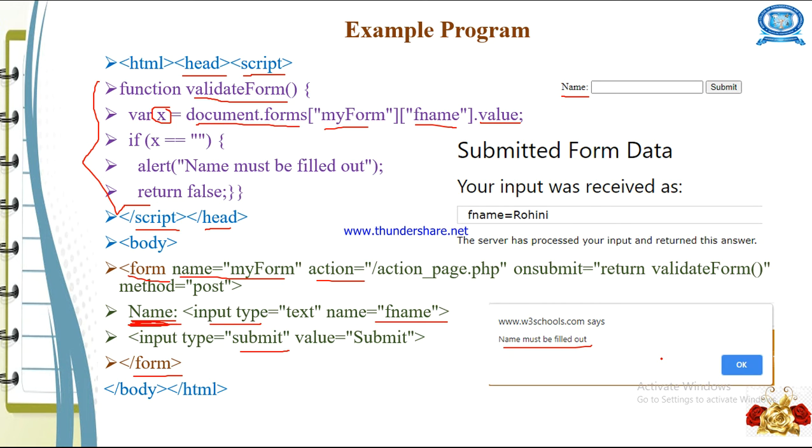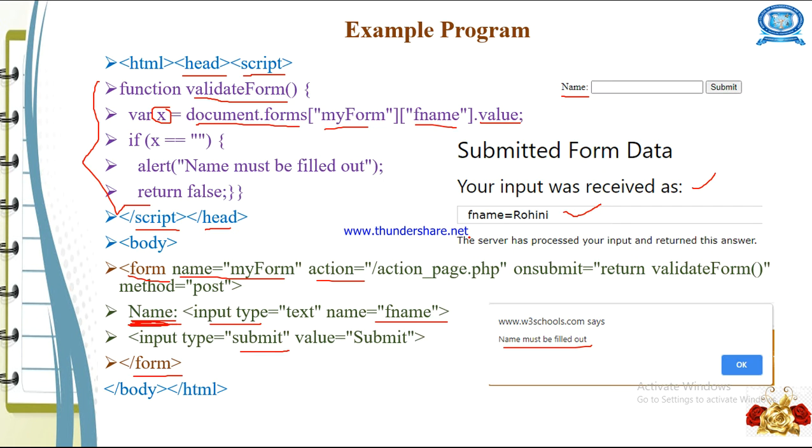Then it will show the output: submitted form data. Your input was received as f name equal to, I will give the name Rojni. The server has processed your input and returned this answer. So this is the output.